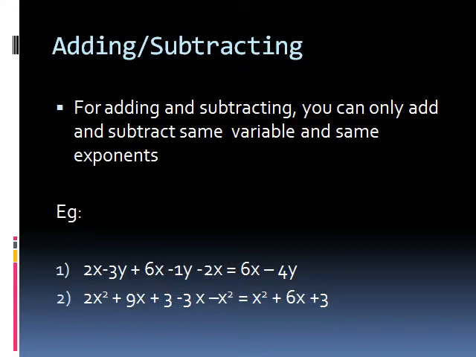So we can only do 2x squared minus x squared, which makes x squared. 9x minus 3x is 6x, and since there's nothing to add or subtract on the 3, which is the only one with no x, we just put 3 in the answer. So the answer is x squared plus 6x plus 3.